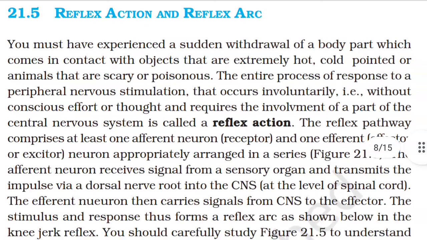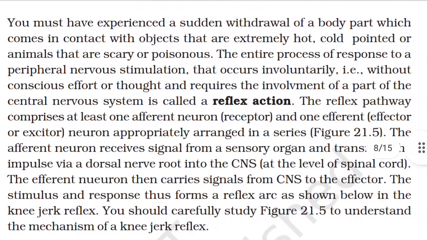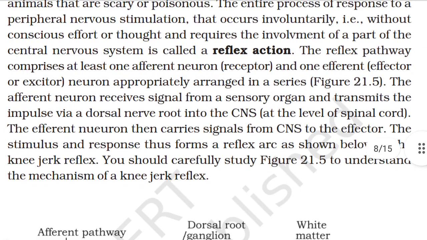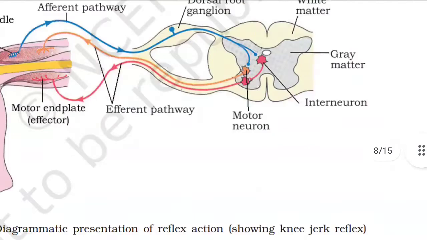The efferent neuron then carries signals from the CNS to the effector. The stimulus and the response thus form a reflex arc as shown below in the knee-jerk reflex. You should carefully study figure 21.5 to understand the mechanism of knee-jerk reflex.